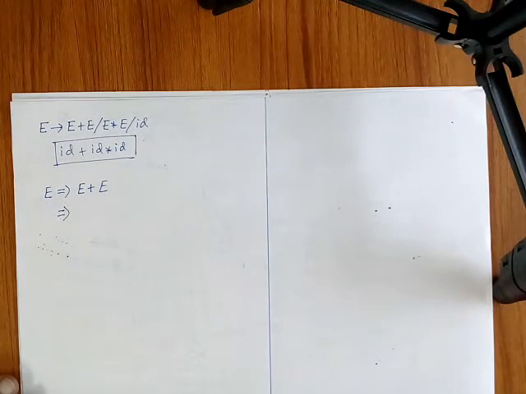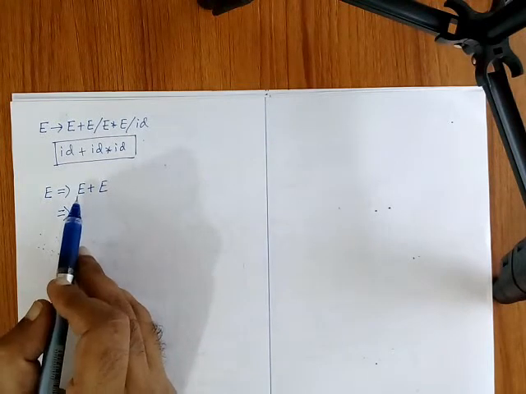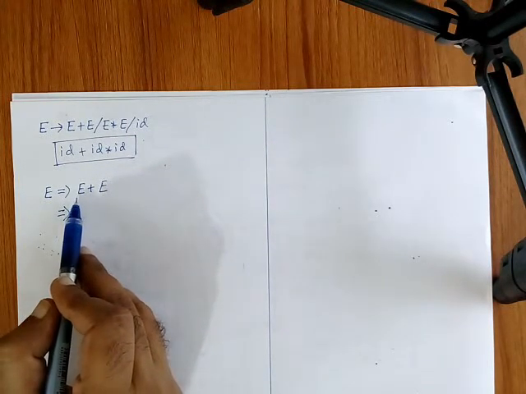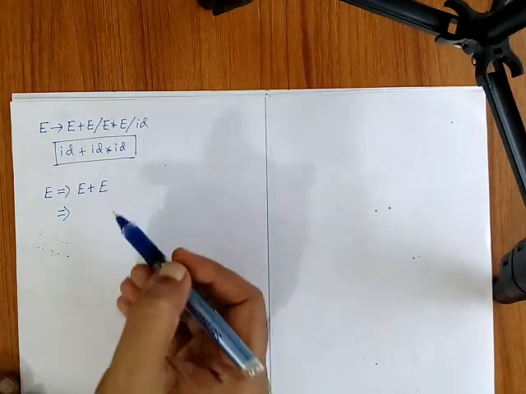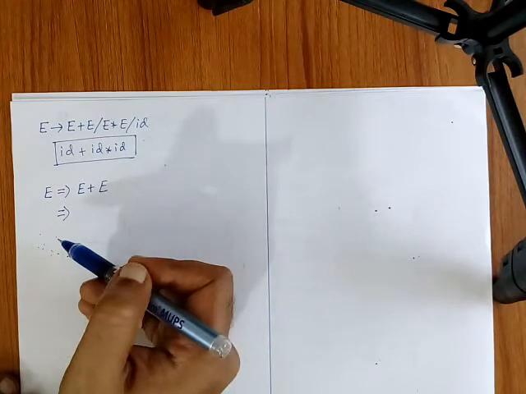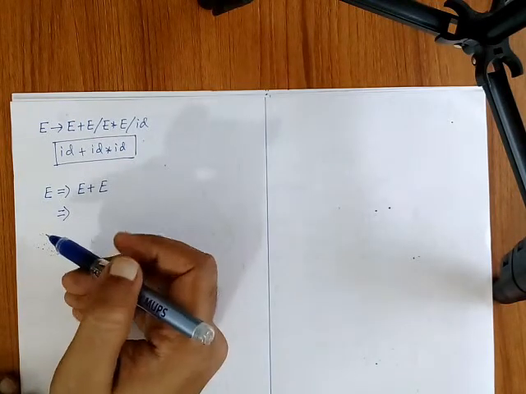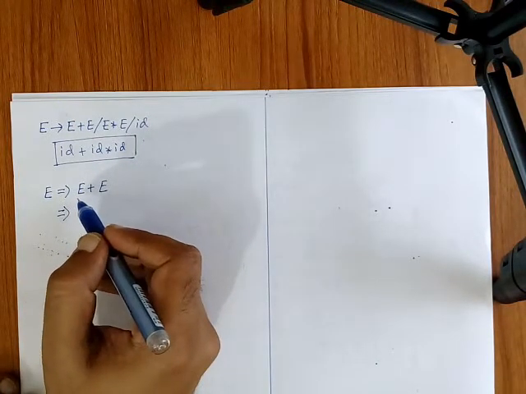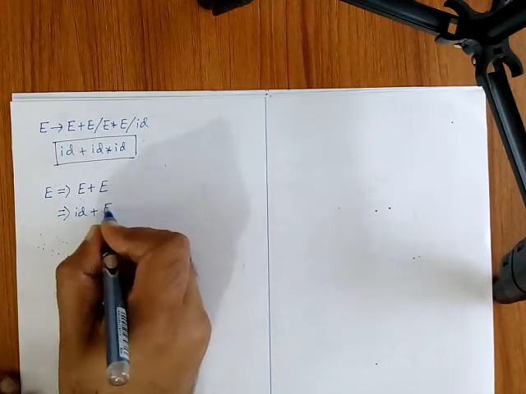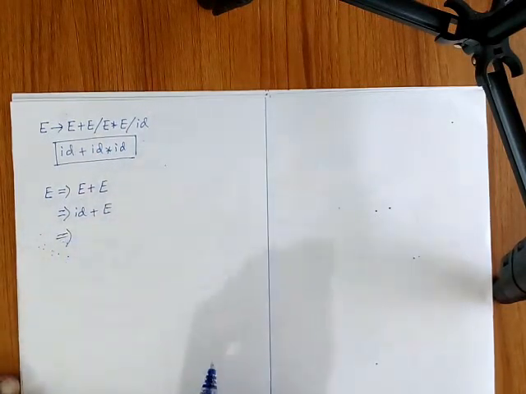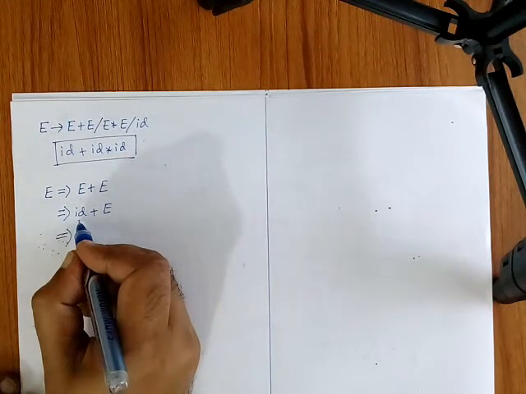So what is the leftmost term? E, which is a variable. So at first we are trying to replace the leftmost variable. So what is this? E. So we replace E with ID plus E. Then what is the leftmost variable? ID.